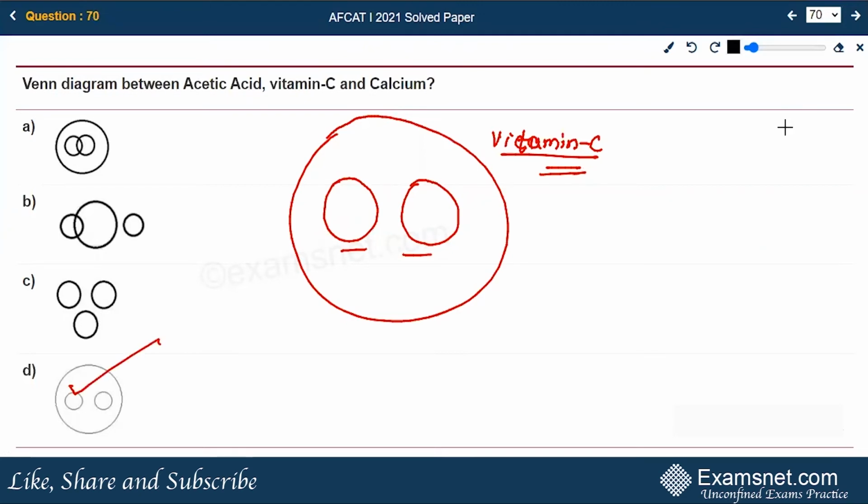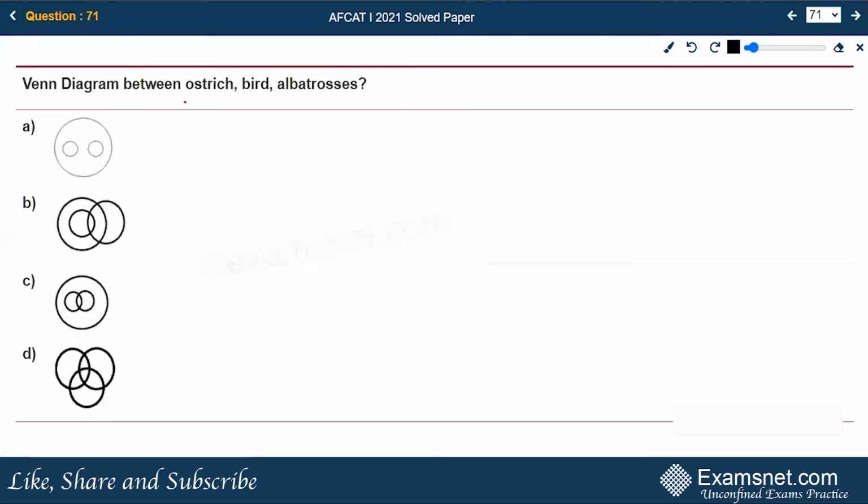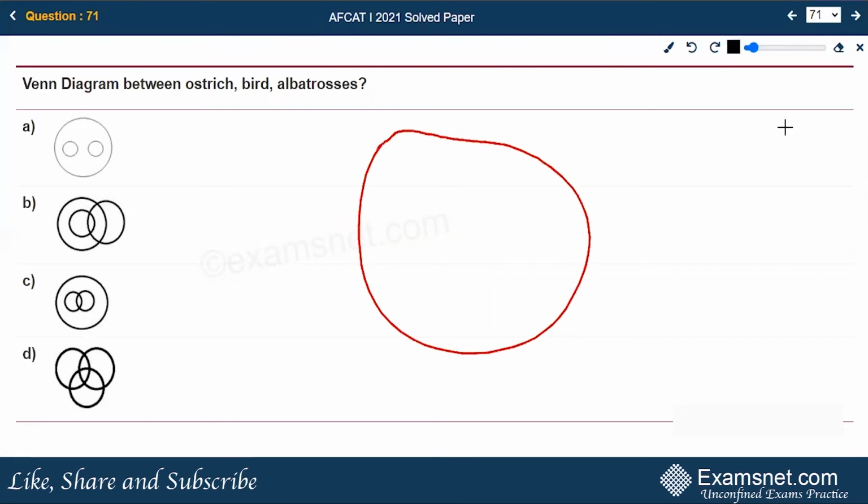Next, question number 71. Venn diagram between ostrich, bird, and albatrosses. Both ostrich and albatrosses, they are birds. See, if I draw a set, then this one represents the birds. So here ostrich is a bird, albatross is also a bird.